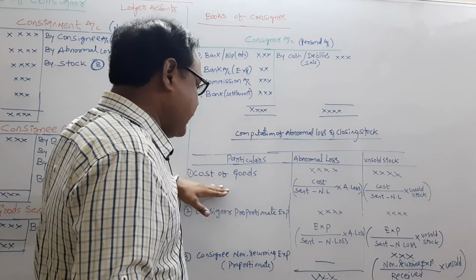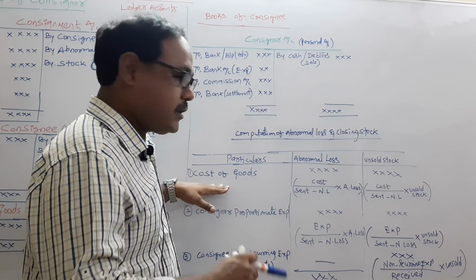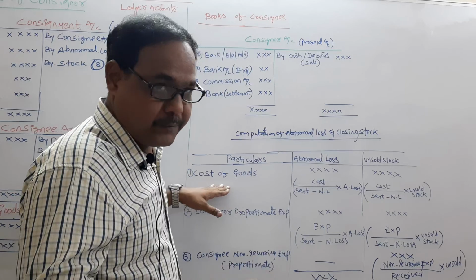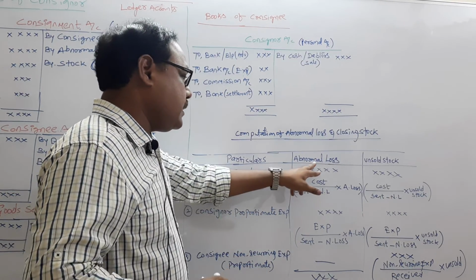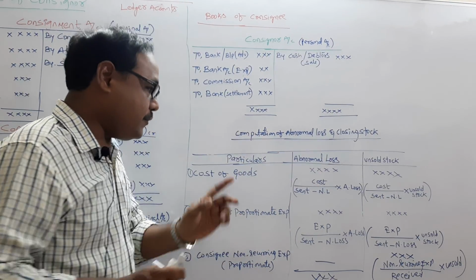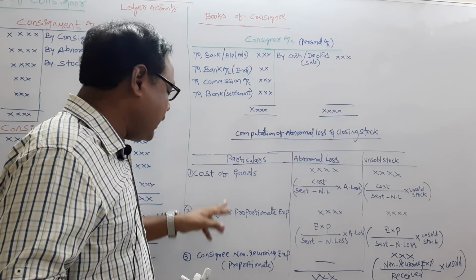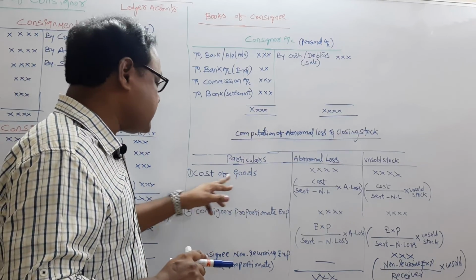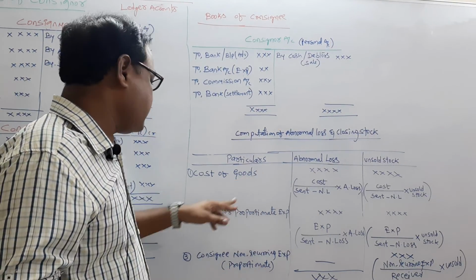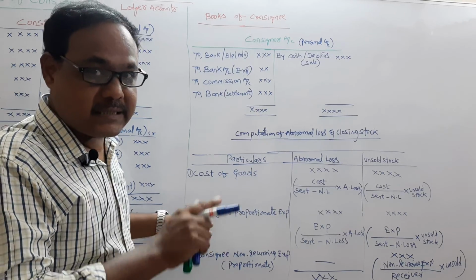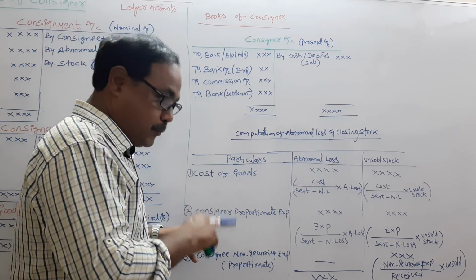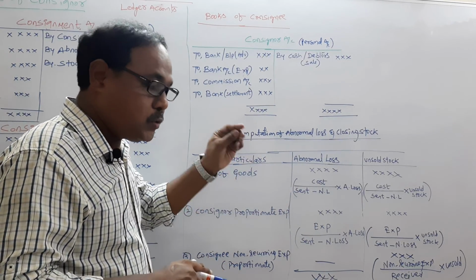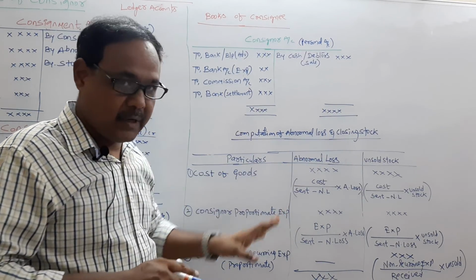See, in abnormal loss calculation, ready-made values are not given in the problem. You have to compute the abnormal loss. While calculating loss, you have to consider two elements of loss. That is cost of goods lost, proportionate consignor expenses.